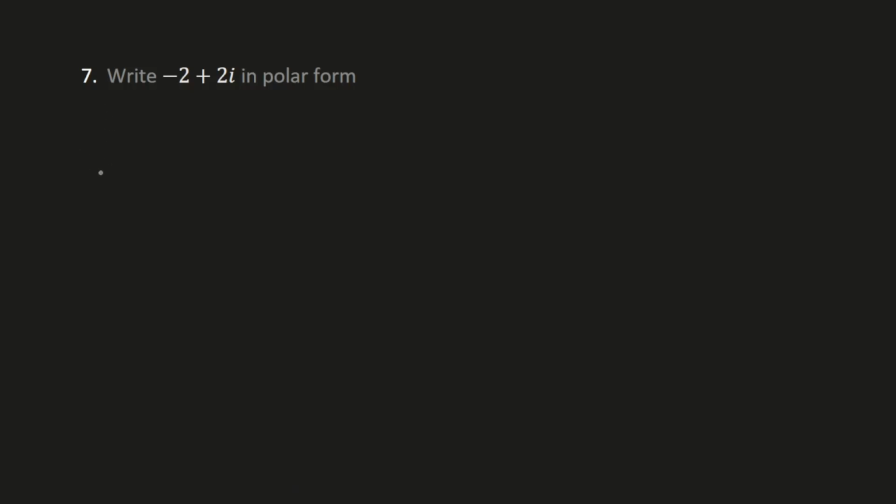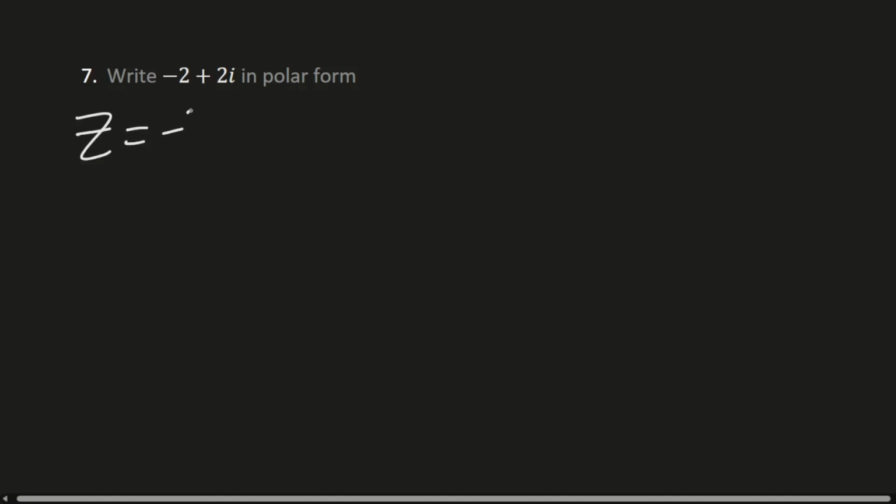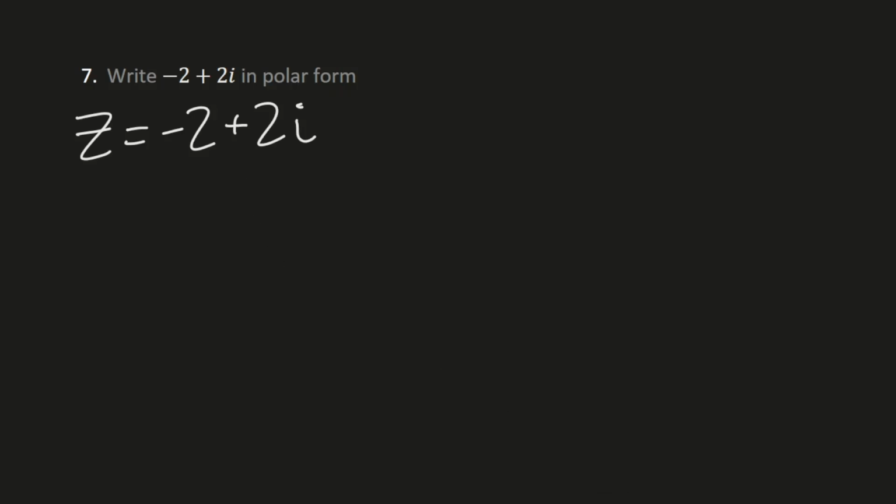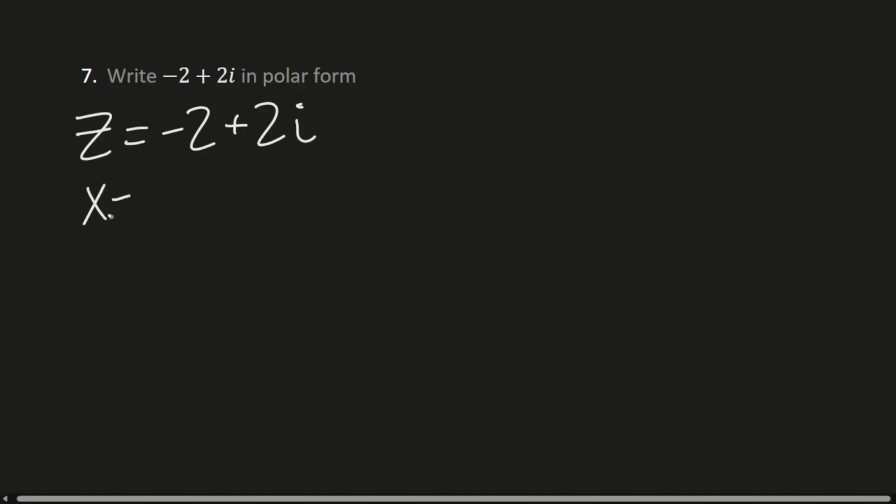All right, so for this one, we once again put it in the form z is equal to negative 2 plus 2i. And then x is equal to negative 2, and then y is equal to 2.